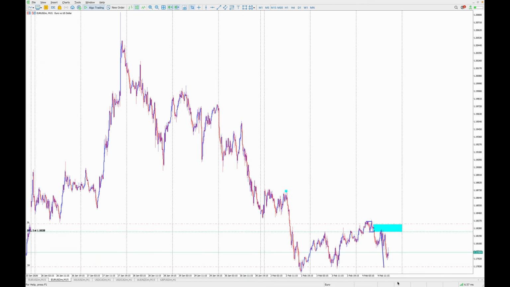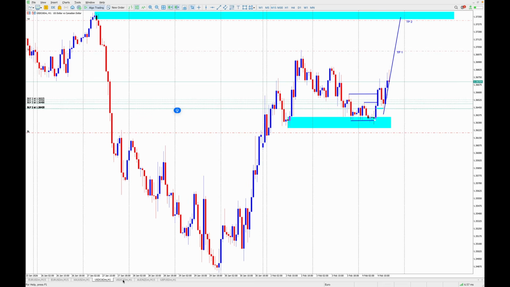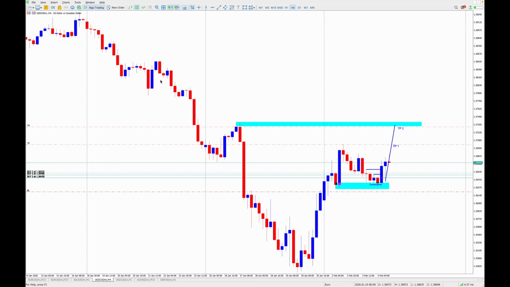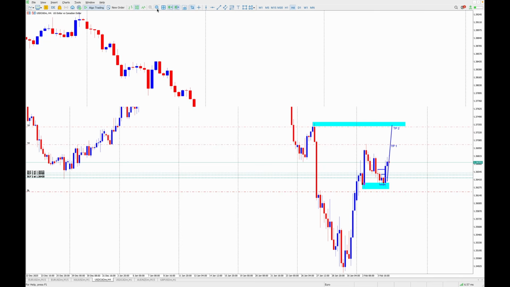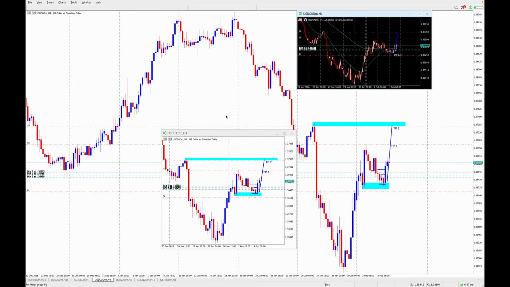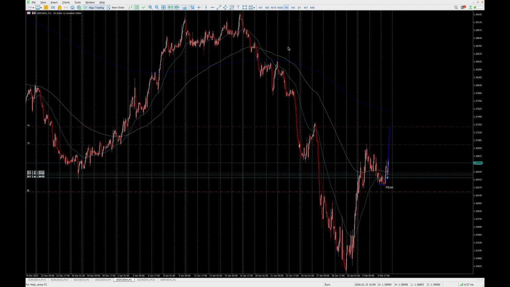As we go to the charts, this is what we can see on USD CAD, a very simple market structure. If we go to the H4 time frame, the market was moving down, with some weeks going down. If we look at this from the BTMM perspective, we had actually completed levels of drop.